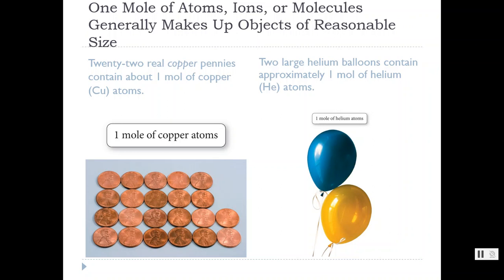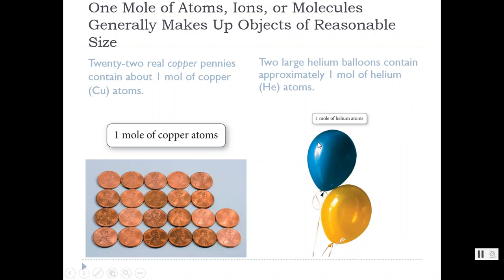For example, let's say I was to dig in the bottom of my purse and I was to find 22 pennies, and let's assume that all of these pennies are 100% copper. All of the copper in those 22 pennies would equal 1 mole of copper atoms, specifically 6.02 times 10 to the 23rd copper atoms.